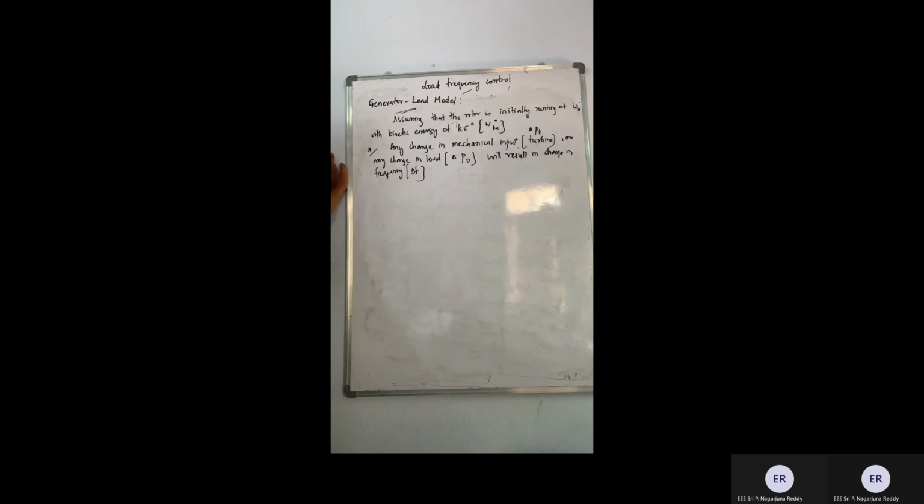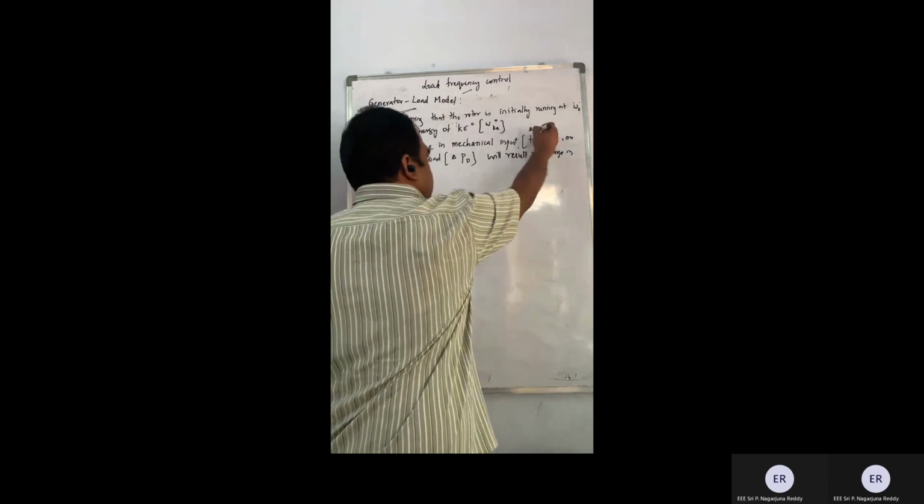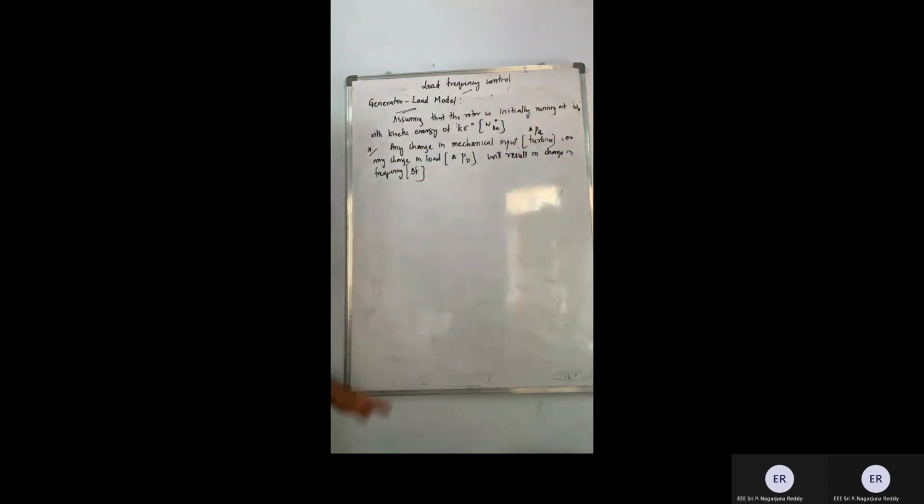Before developing a mathematical model relating these three terms, first let us analyze what will actually happen in the system. I'm considering delta PT, or you can choose it as delta PG also, because this is the mechanical power, the amount of power which is actually generated. And this is the demand.